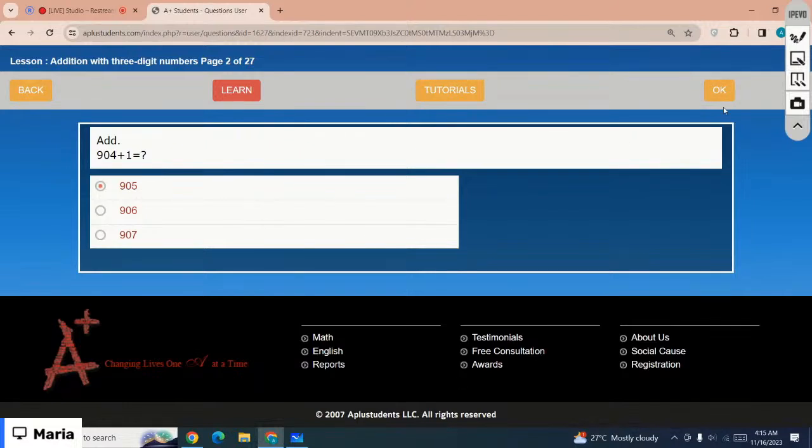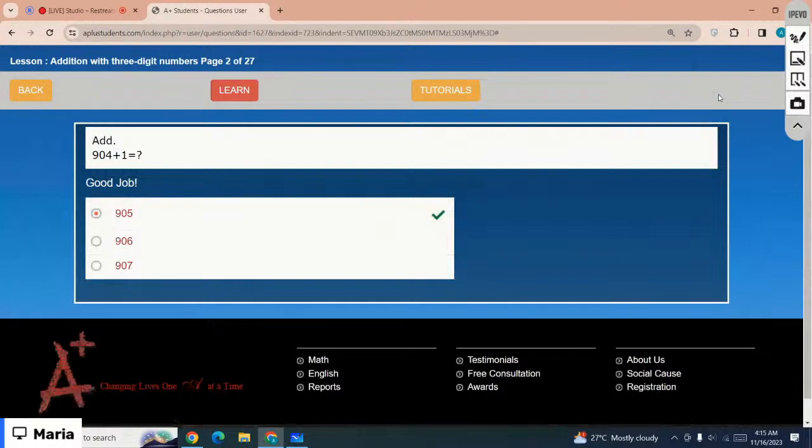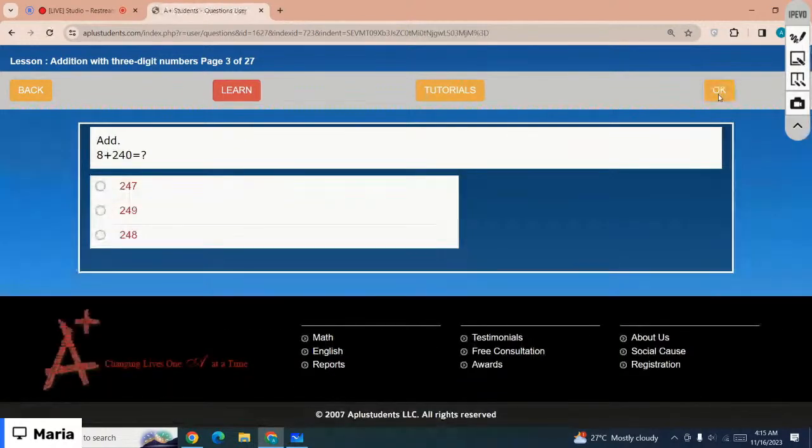You need to add 1 to 904. So obviously you just have to add 1 to 4, and 4 plus 1 is 5. Okay, 240 plus 8, which is the correct option?